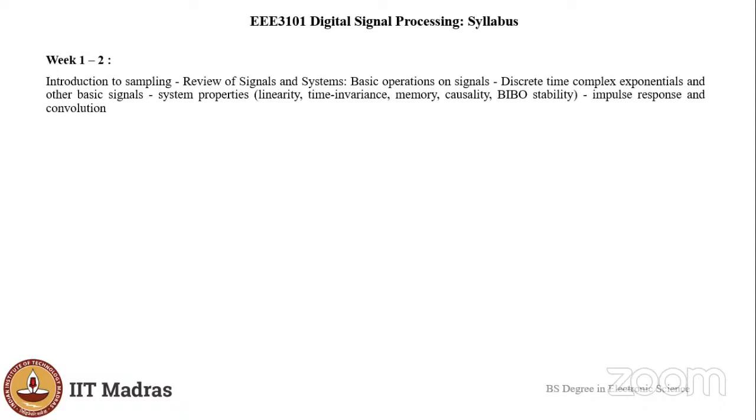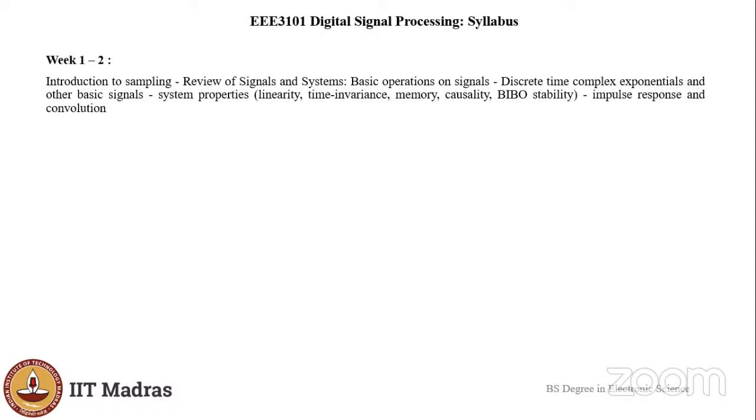Basic operations on signals like time shifting and folding will be dealt with again, but for discrete time signals. Properties of systems like linearity, time invariance, memory, causality, and stability will also be discussed again here.